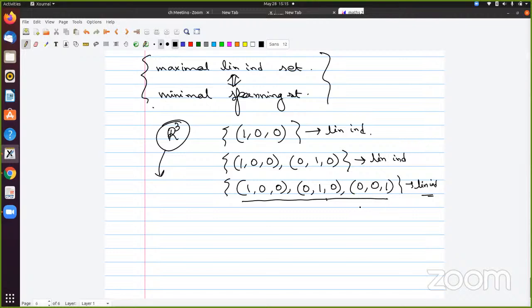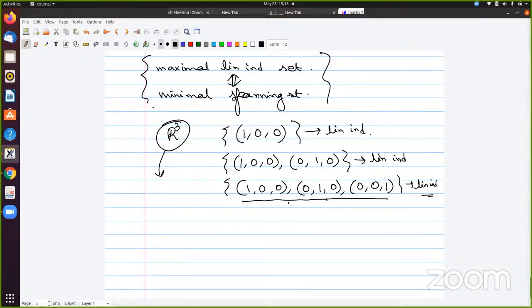So this is the maximal one. There is no other set which is a superset of this and is linearly independent. That is called a maximal linearly independent set. So a basis is itself a maximal linearly independent set, and vice versa.